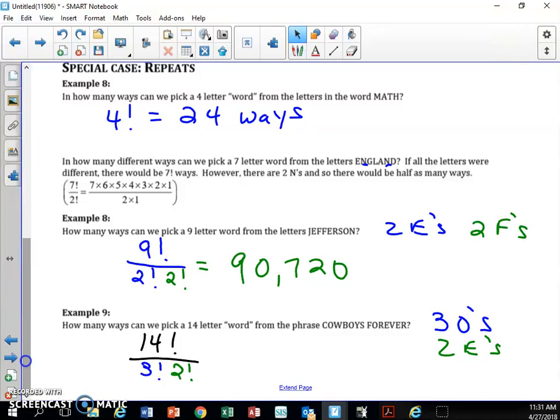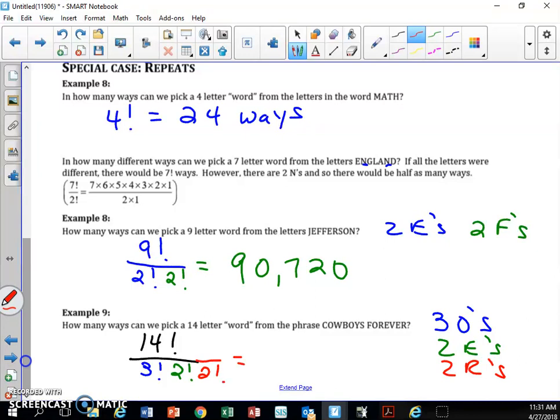And we have 2 R's, so we'll divide by another 2 factorial, which will give us a very big number, 363,242,880,800.